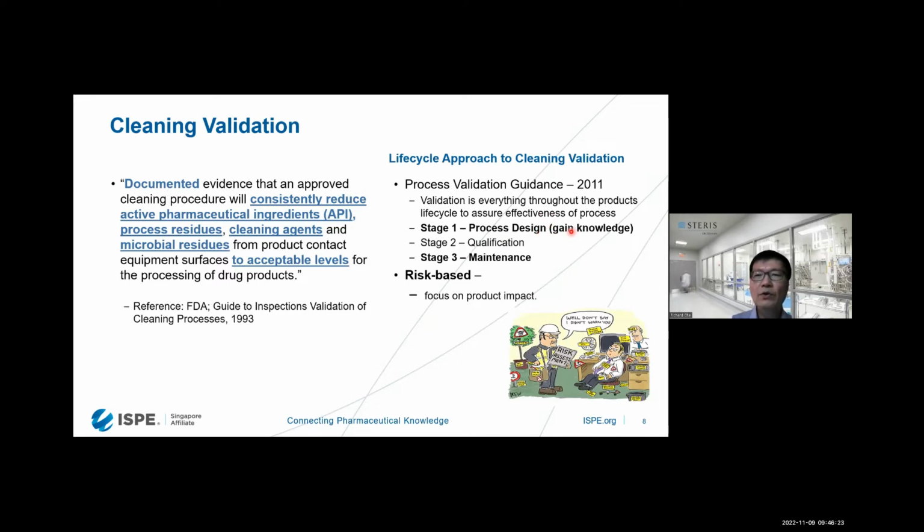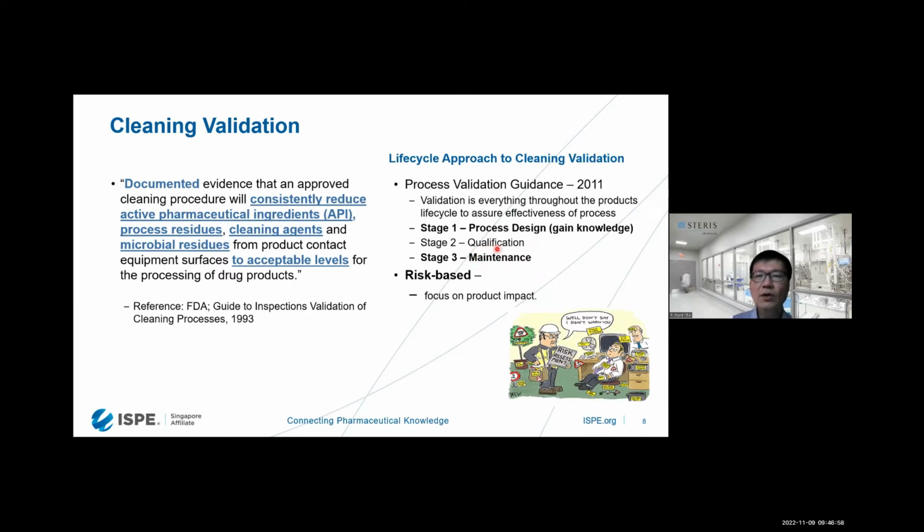And very important also, you need to work out the critical cleaning parameters. For that, you will need to understand the type of soil that you have, and also what the cleaning parameters are that can effectively remove your product residues from the equipment surfaces. This is a very important stage. It lays a very good foundation before you go into your cleaning validation, which is in stage 2. Of course, stage 3 is basically the post-validation stage.